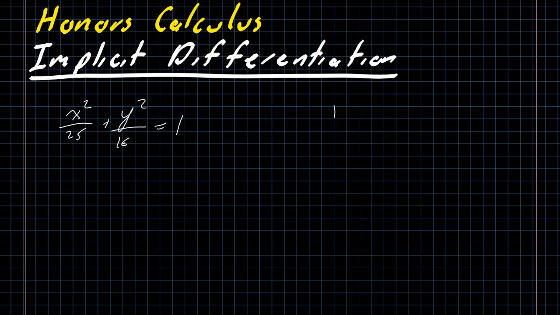This is the graph of an ellipse. If you're not familiar with graphs of the conic sections and how to identify the graphs, it's not that big of a deal. You don't need to necessarily be able to analyze this graph from the equation, but it is an ellipse, and if you're familiar with that, then you can gain a little bit of insight in what we're doing.